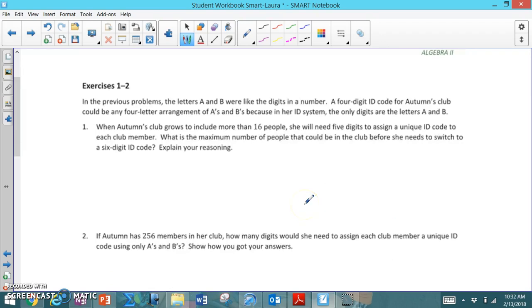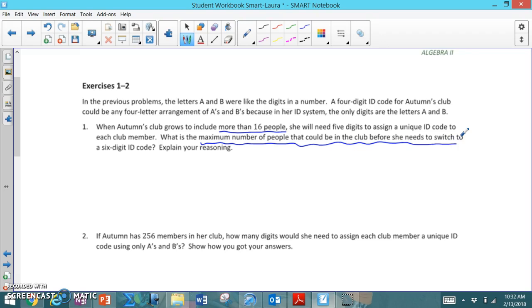So as we look at the exercises, it says when Autumn's club grew to include more than 16 people, she will need 5 digits to assign a unique ID code for each member. And the question is, what is the maximum number of people that could be in the club before she needs to switch to a 6-digit code?